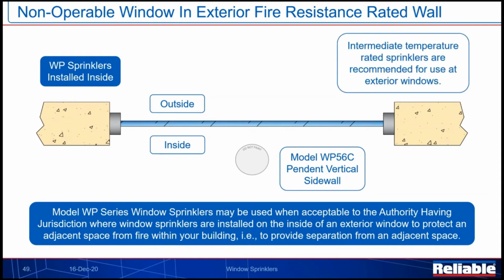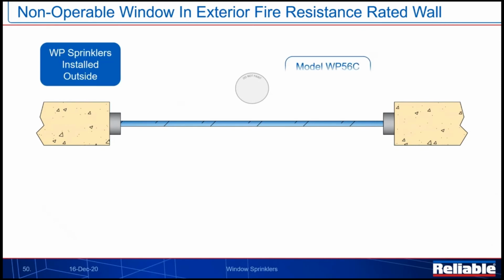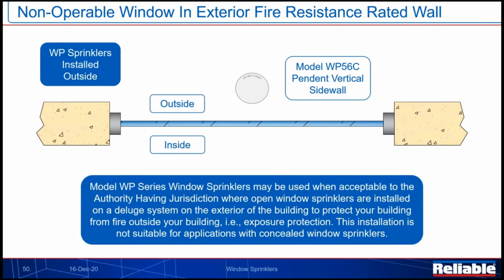And then again, because it's the interior of an exterior wall, we're going to want to follow guidance pretty much laid out by NFPA 13 to recommend intermediate temperature sprinklers for that type of assembly. If we look at using this on the exterior of a building outside, well, you know what?